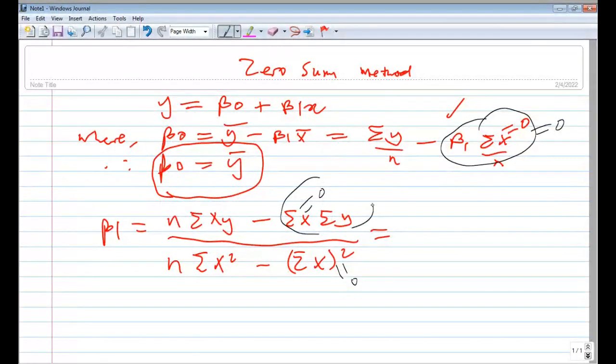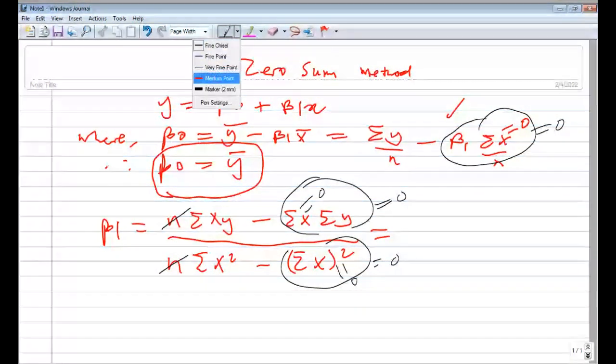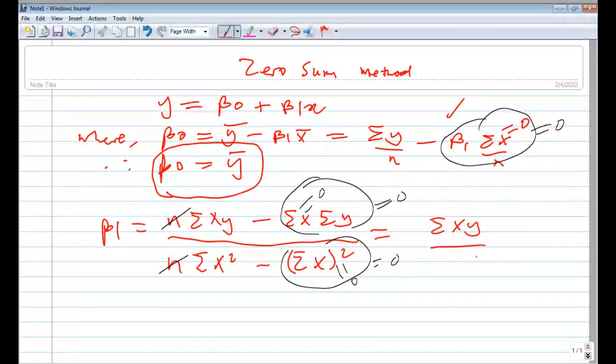All in all, the whole of this part will be 0, and the whole of this part will be 0. Therefore, you are left with summation of xy divided by summation of x squared. So instead of using that complicated formula, we end up using beta 1 equal to summation of xy divided by summation of x squared. I think it's clear, isn't it?